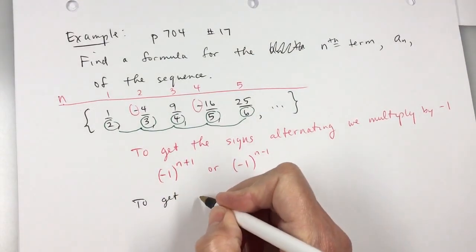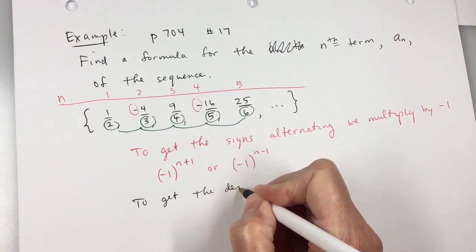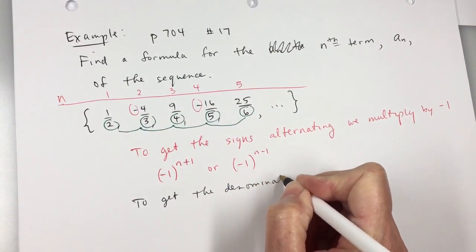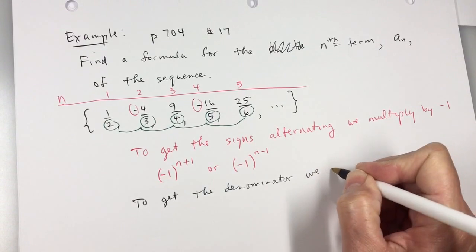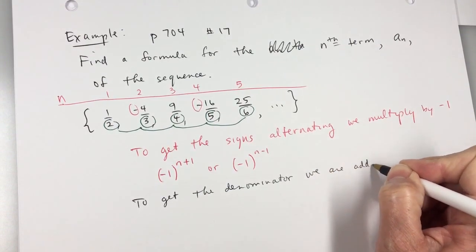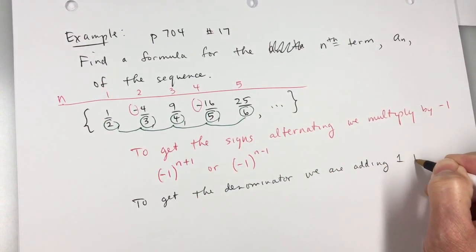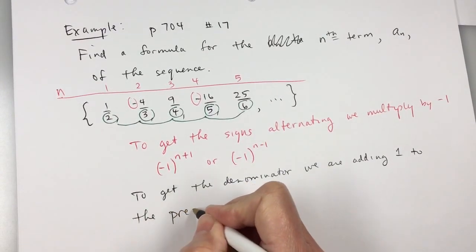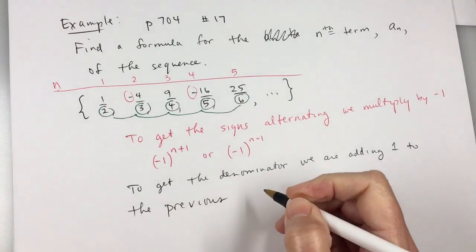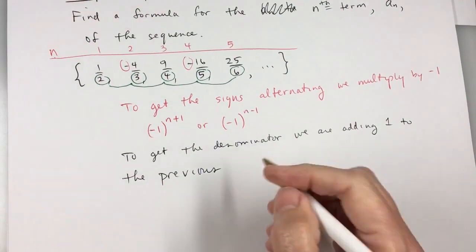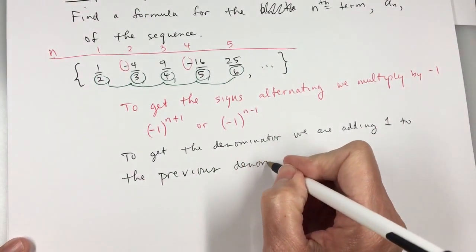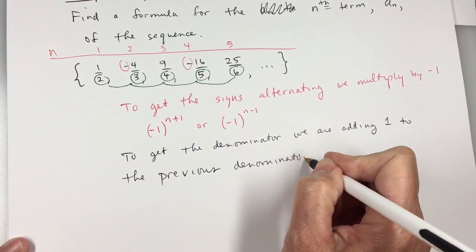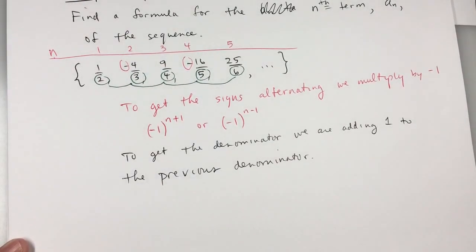To get the denominator, we are adding 1 to the previous denominator. So I started with 2.